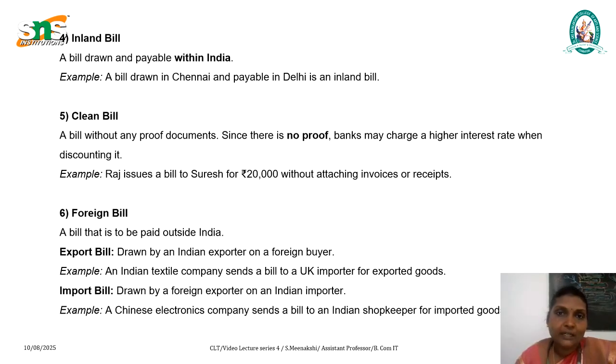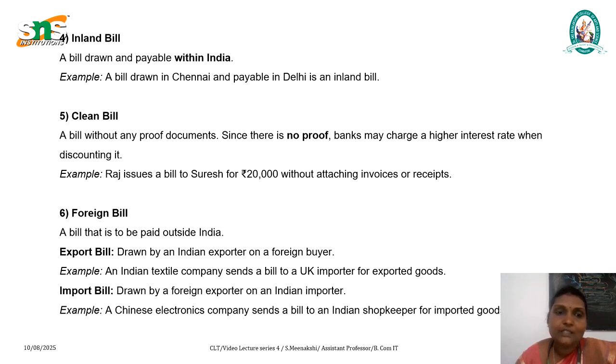Then inland bill. As the name indicates, if a bill is drawn within India and payable within India, it is called inland bill. For example, a bill drawn in Chennai and payable in Delhi is an inland bill because both locations are within India. Clean bill is a bill without any proof document. If you draw a bill without any supporting document, it is called clean bill.